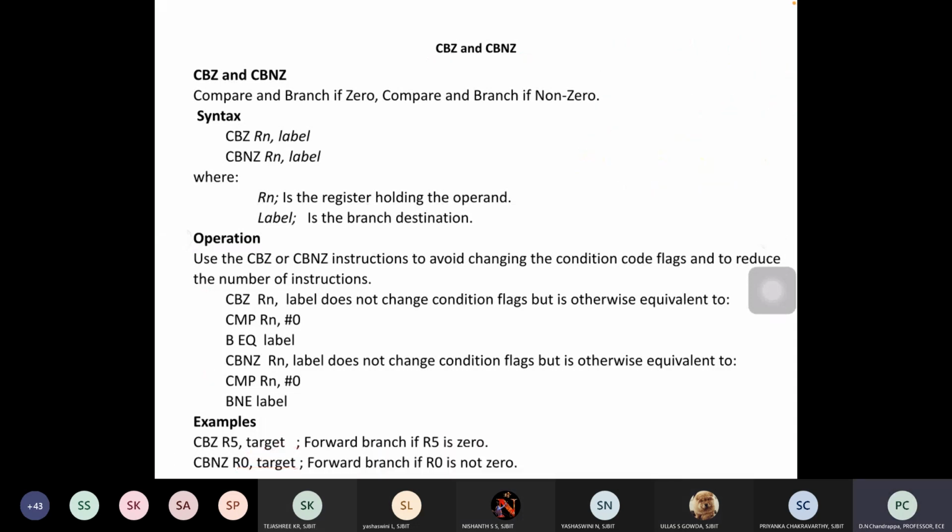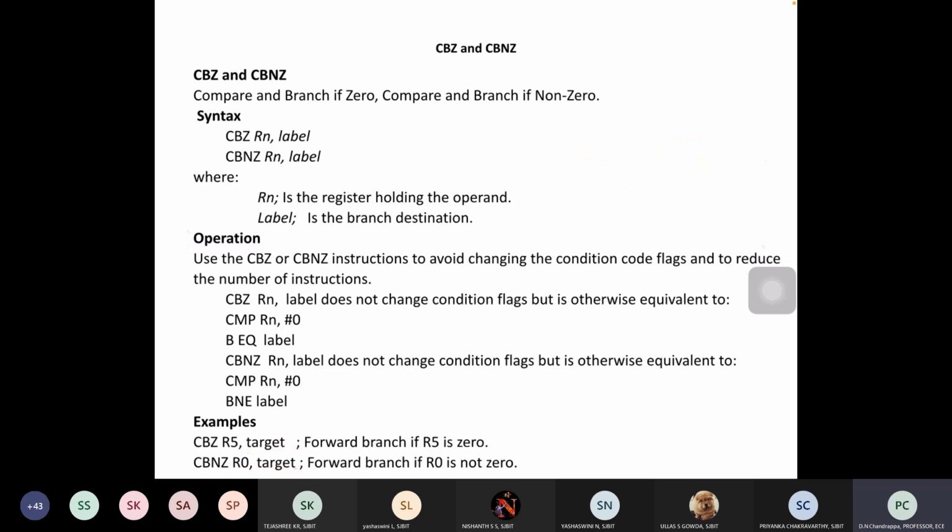Fine. Next, I'll go to a very important instruction. It is IT. The IT instruction is I for if, T for then. It is very important. For example, the syntax is also given.